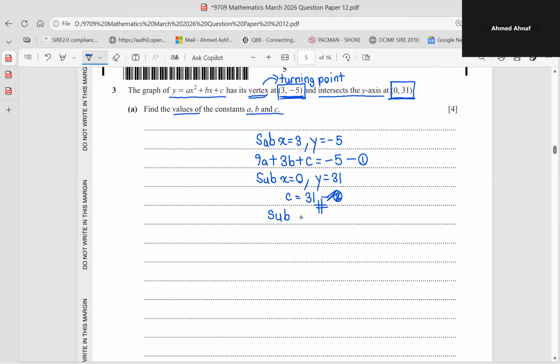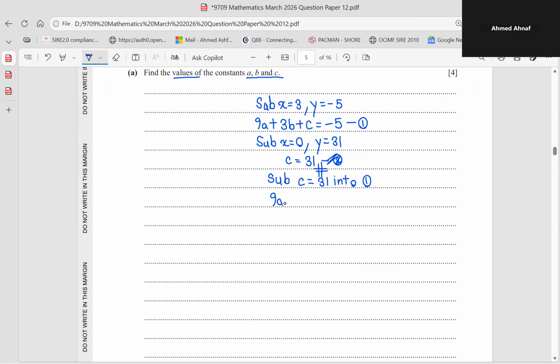So we're going to substitute c equals 31 into the first equation. So you get 9a plus 3b plus 31 equals -5. 9a plus 3b equals -5 minus 31, which is -36.